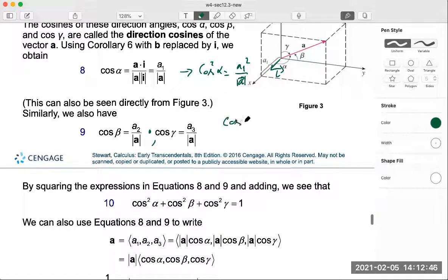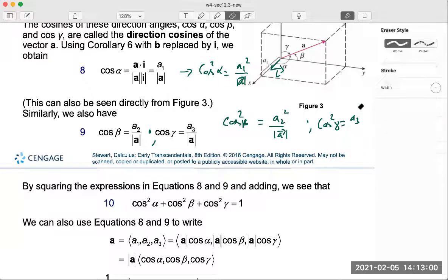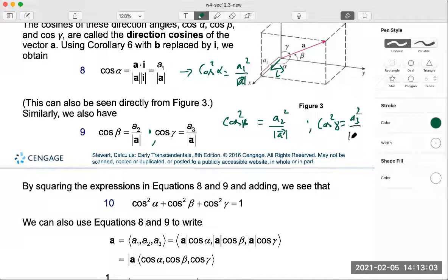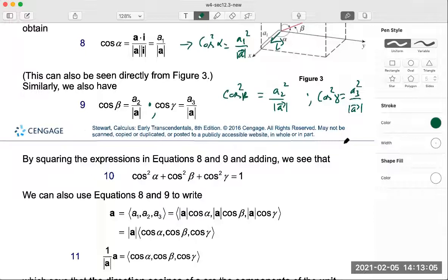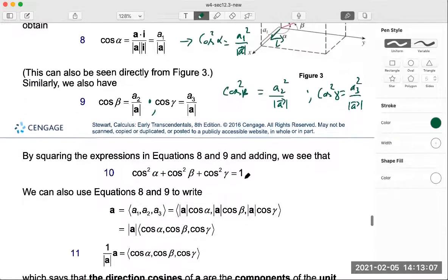Cosine square of beta here will be A2 square divided by the magnitude of A square. And cosine square of gamma will be A3 square divided by the magnitude of vector A square here. We sum them up and you see that it is equal to 1.